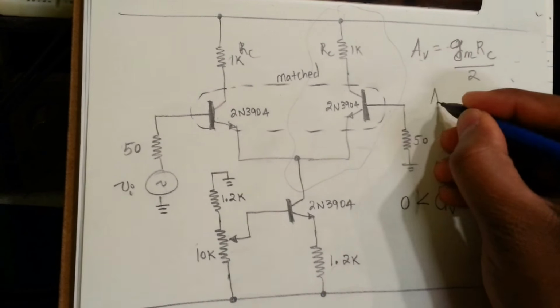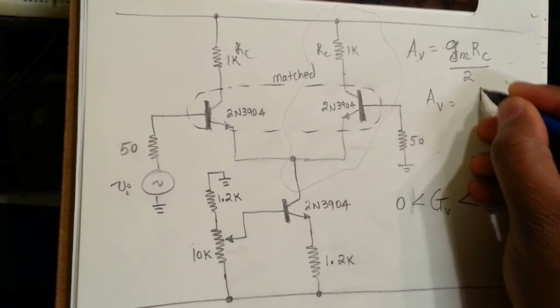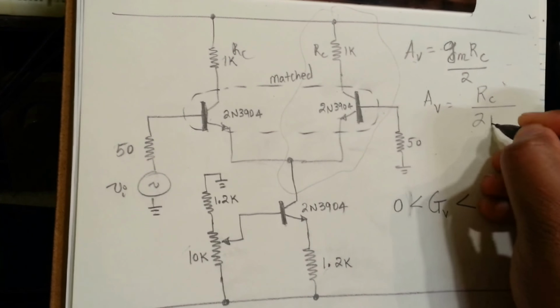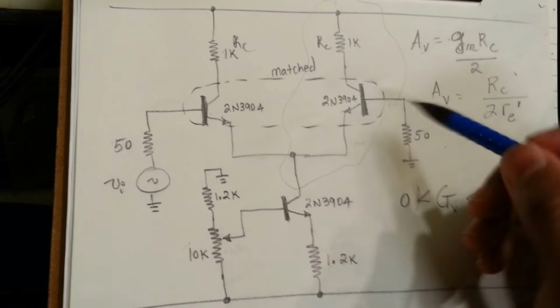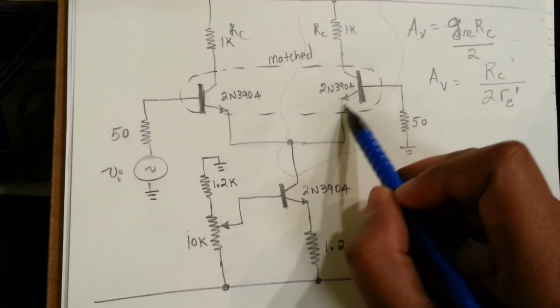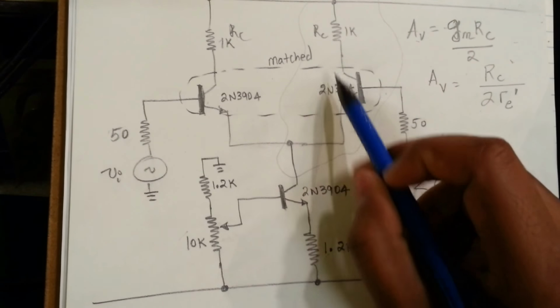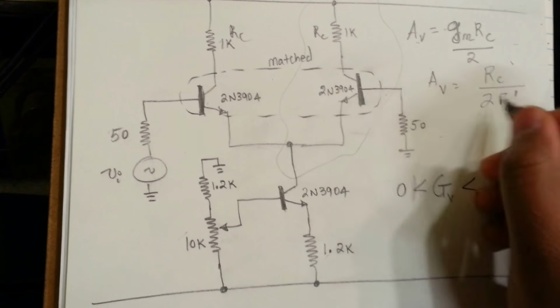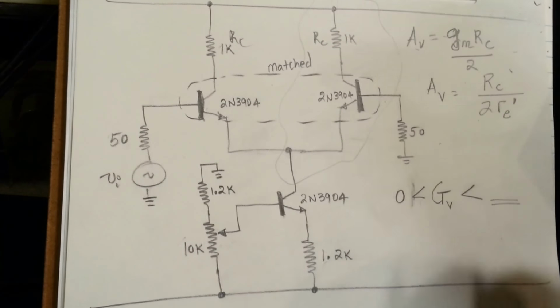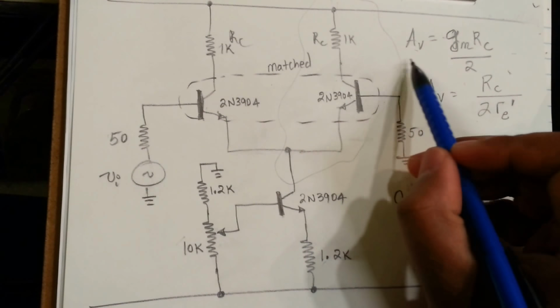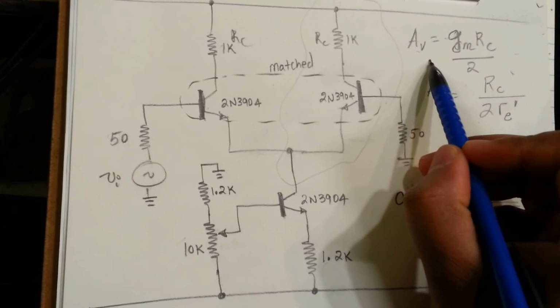And also it's given by AV equals RC divided by 2 times the dynamic resistance of this transistor at the emitter current that we get. But these two equations are the same, so they're basically saying the same thing. So we'll use this since this will give us directly the gain.